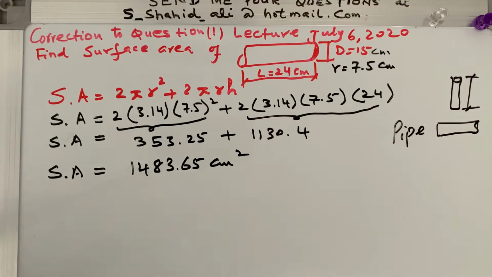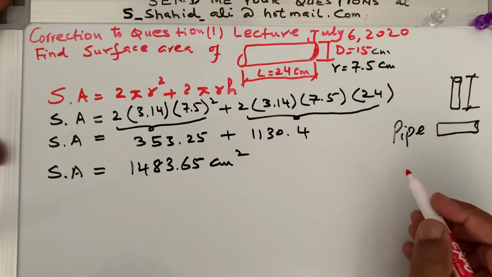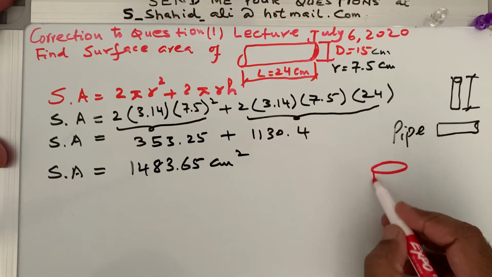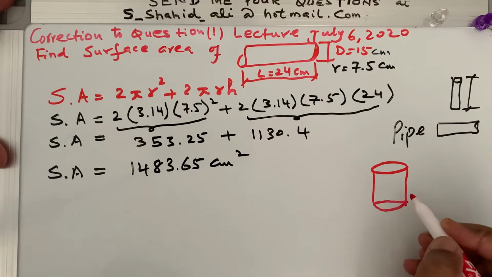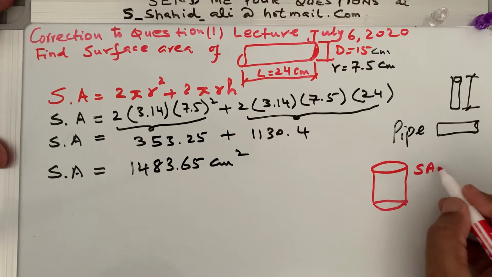One of my students has sent me a picture shown in their textbook like this, right? The cylinder is shown and the cylinder surface area is written over there.